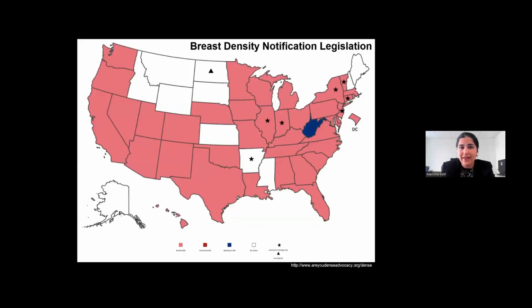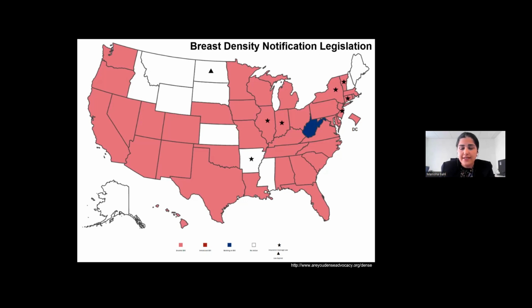Fueled by patient advocacy groups, many states have adopted legislation requiring radiology facilities to disclose breast density information directly to patients. Many states have language in their laws recommending that patients discuss options for supplemental screening with their physicians.